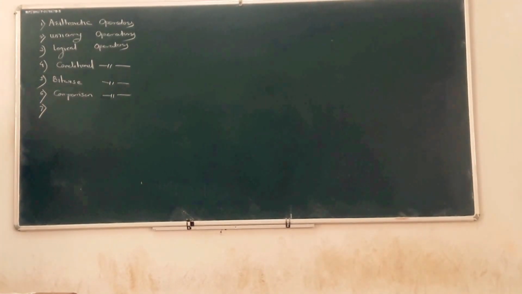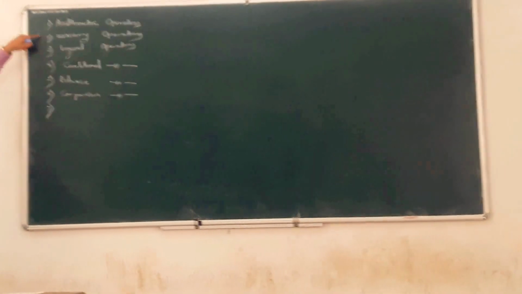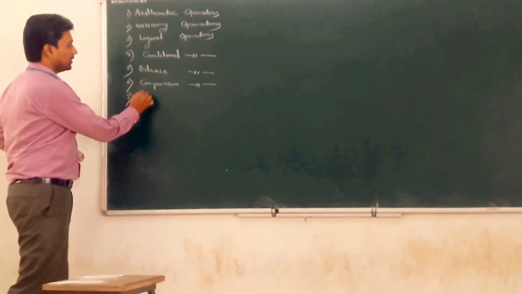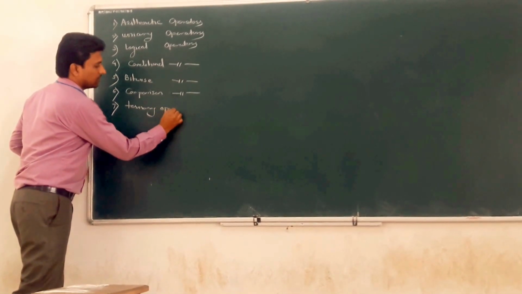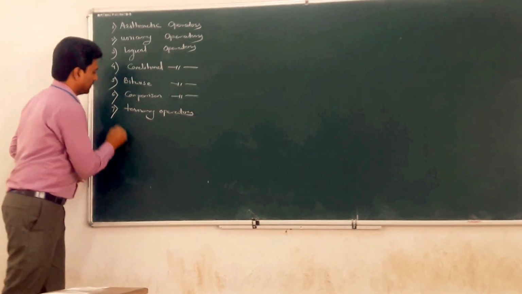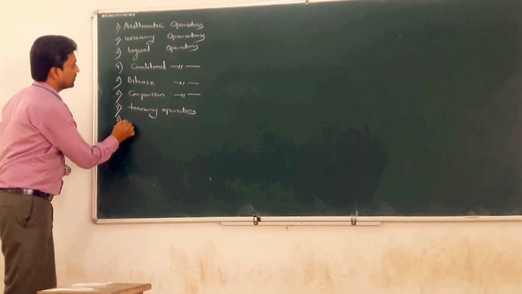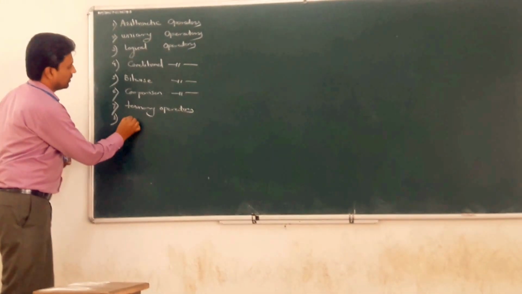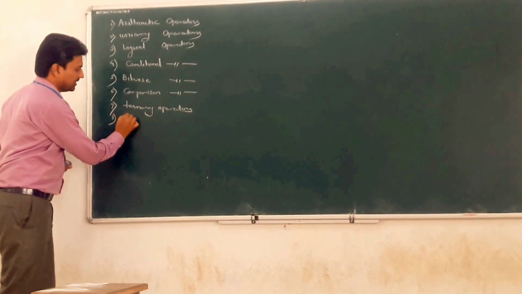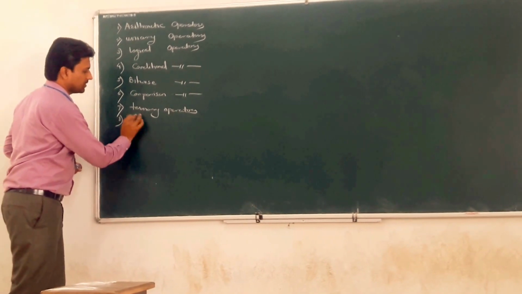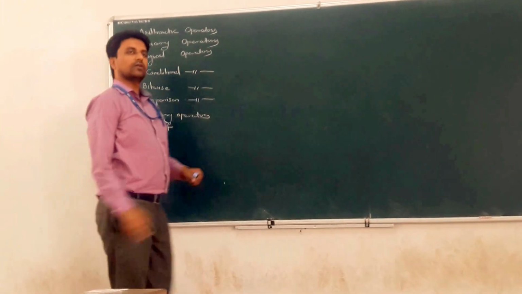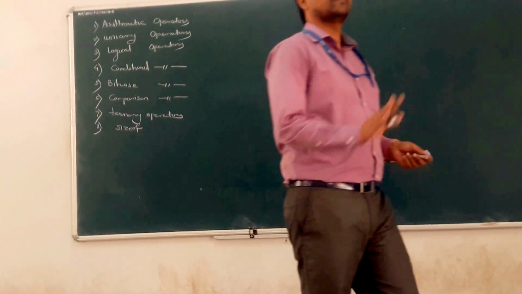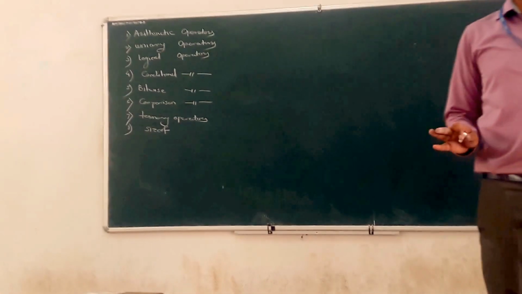Seventh, ternary operator. Eighth one, miscellaneous type of operators, for example the sizeof operator. So there are a number of different operators.